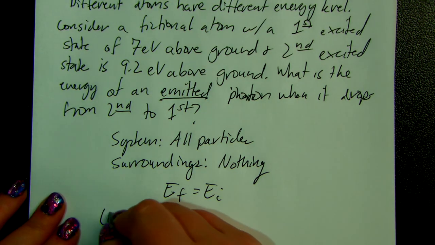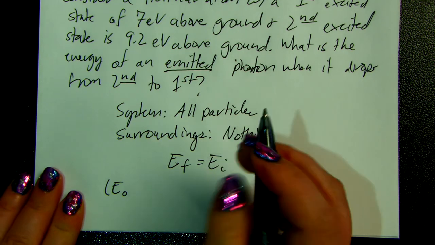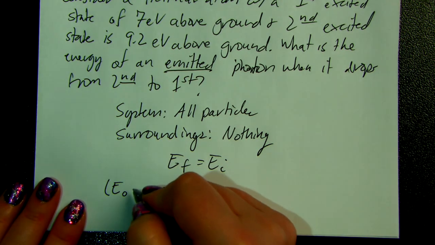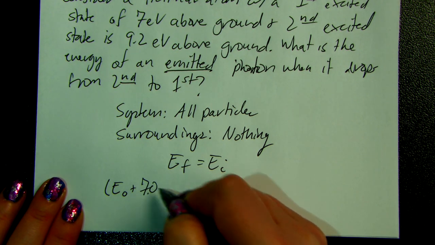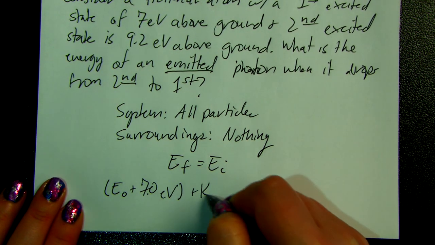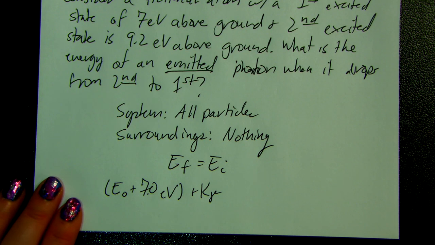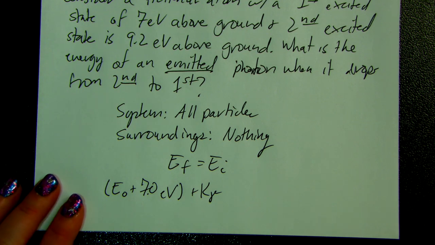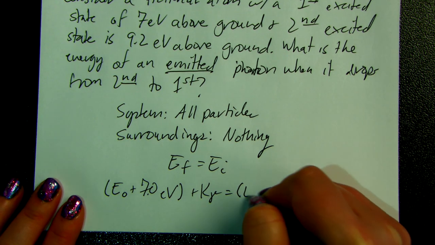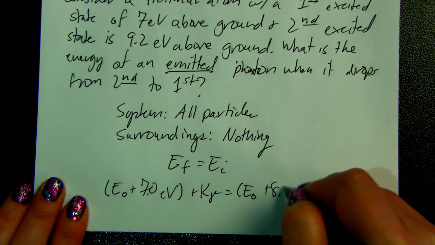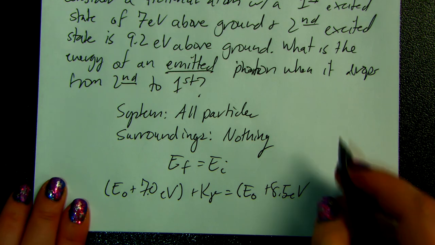So we'd have the first excited state, which would be whatever the ground is, plus 7.0 eV, plus the kinetic energy of the photon, because in the final state, the photon energy has been released from the atom. This will be equal to E naught plus 8.5. We don't know what ground state is, and we don't need to.